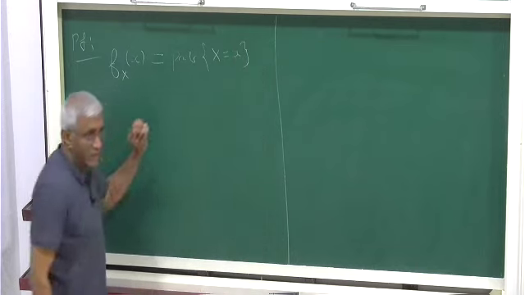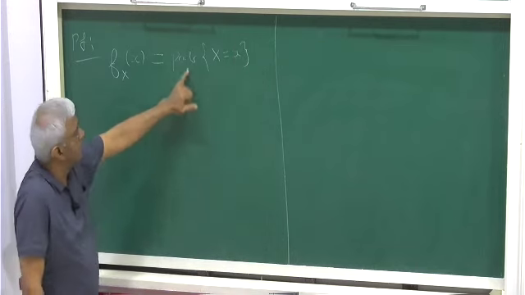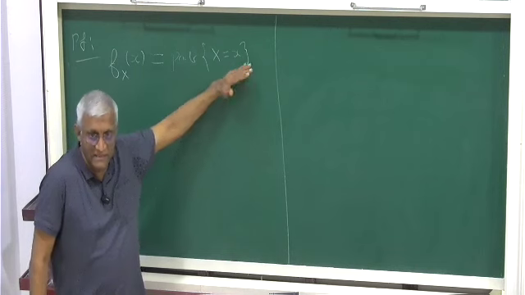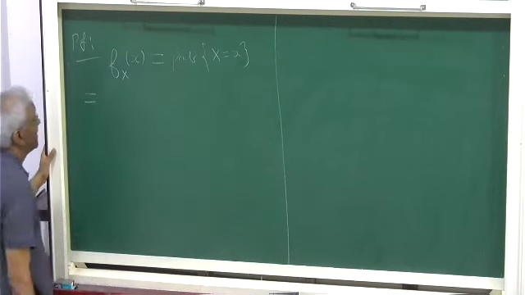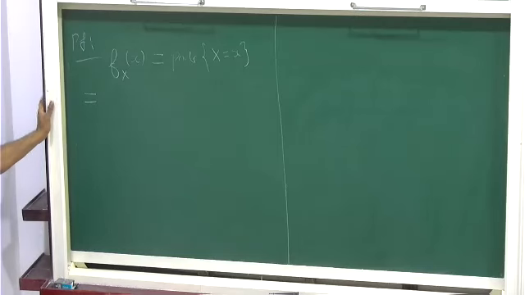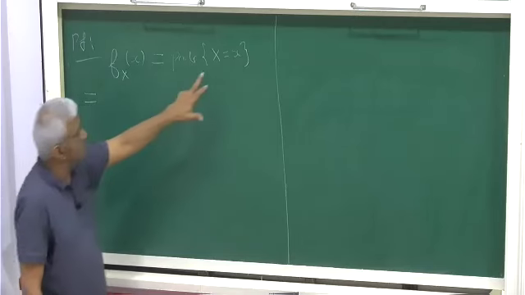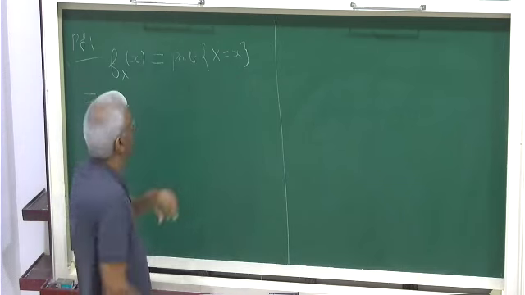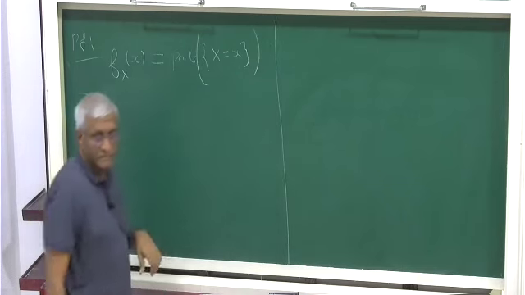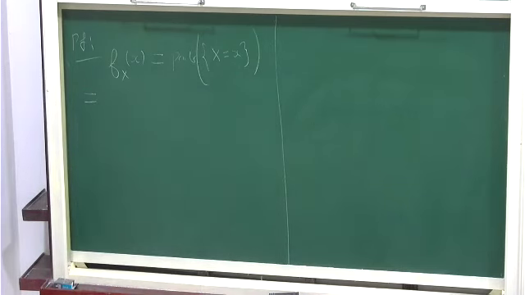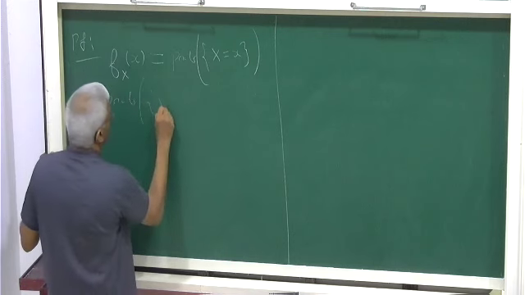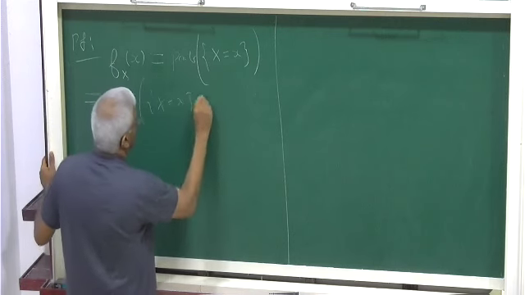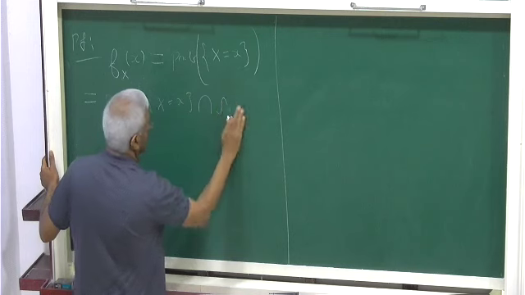This means all those omega such that X of omega equals x. I've just written it like this. This is a set, and we take the probability of this set, which is the same as the probability of the intersection with the original omega.